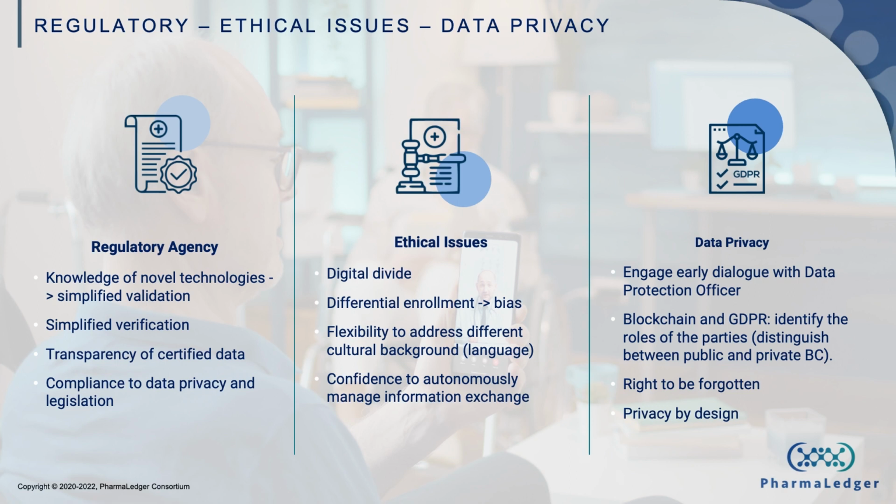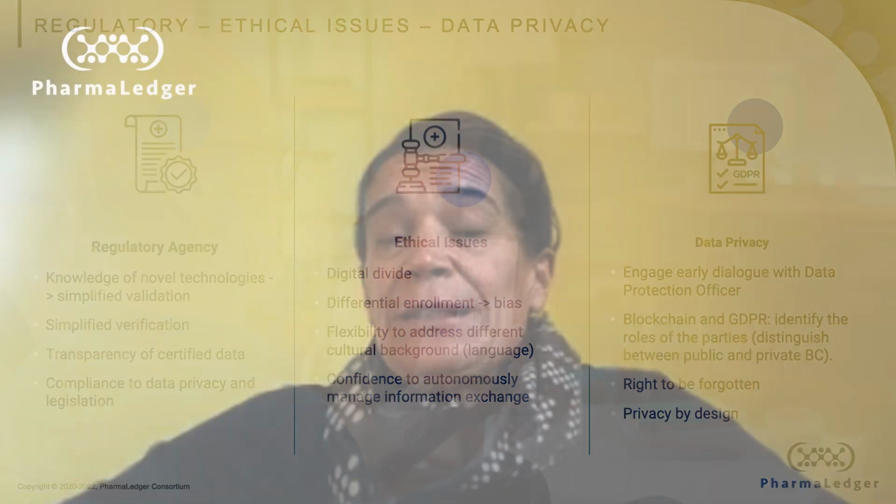As said, engaging in early dialogue with the data protection officer is extremely important. In the framework of blockchain and GDPR, we need to identify the role of the parties, and distinguish between the public and the private blockchain. The right to be forgotten has to be considered, as well as privacy by design.